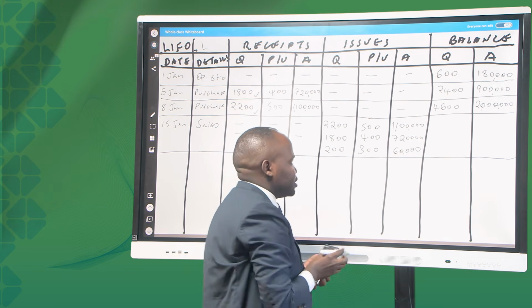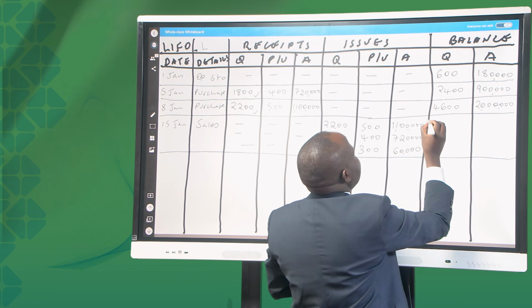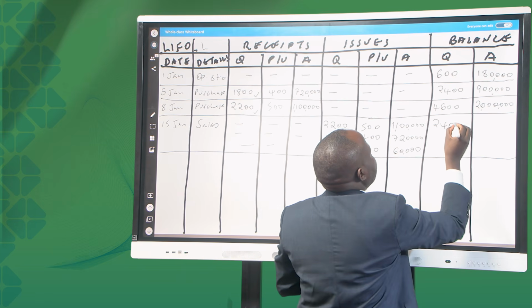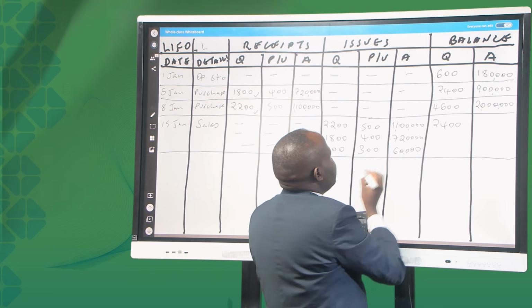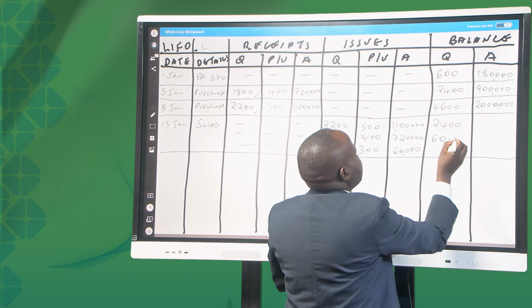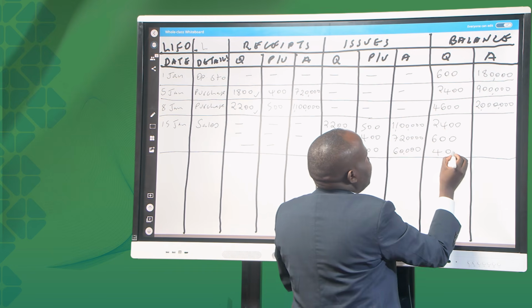Now let's get the balances. 4,600 minus 2,200 is 2,400. 2,400 minus 1,800 is 600. 600 minus 200 is 400.